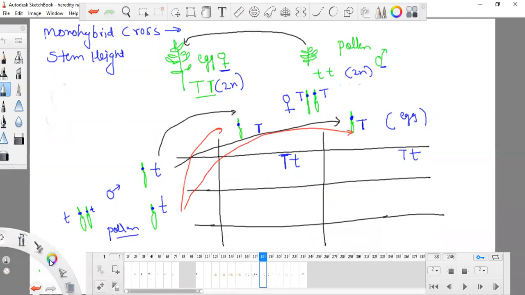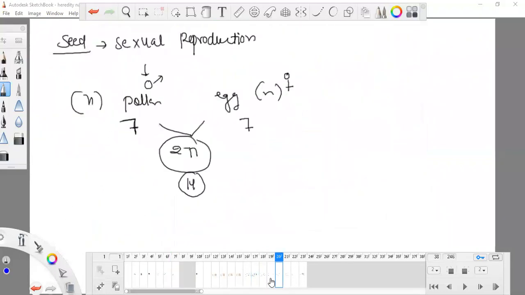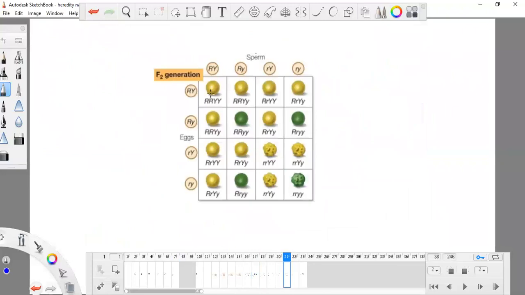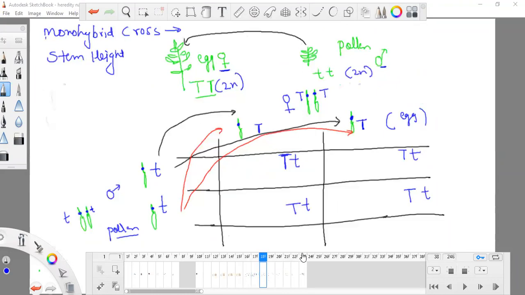Let me show you the exact shape. It will be in the shape of a square. Right now I'm crossing it.